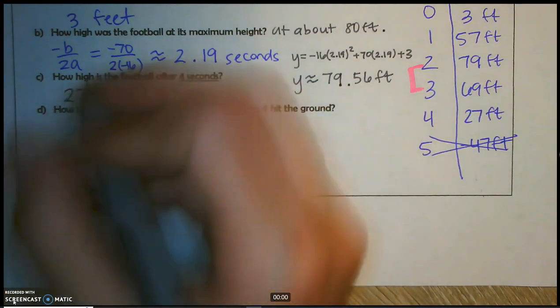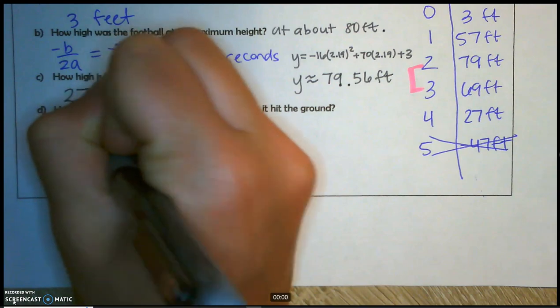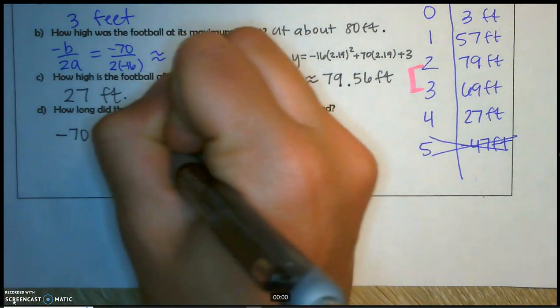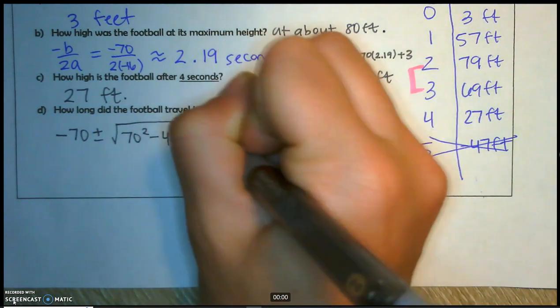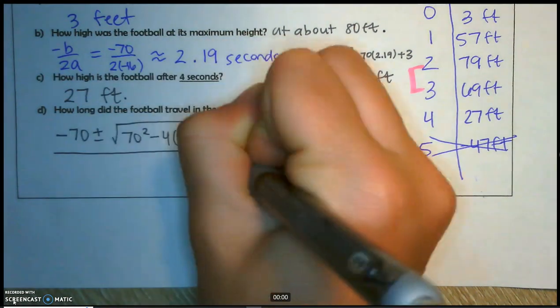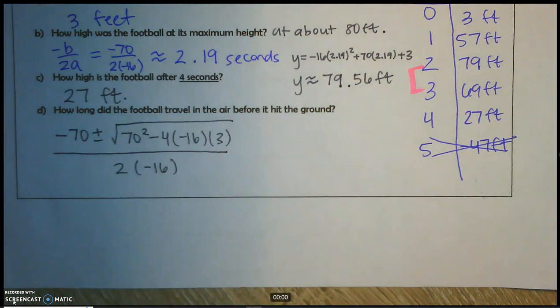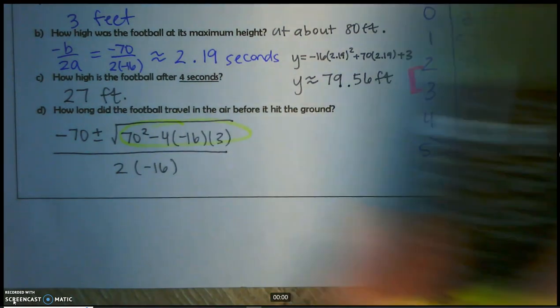We've already identified our a, b, and c, so now let's just plug it in. Negative b plus or minus the square root of b squared minus 4 times a times c, all over 2a. First thing we'll do is simplify the discriminant.